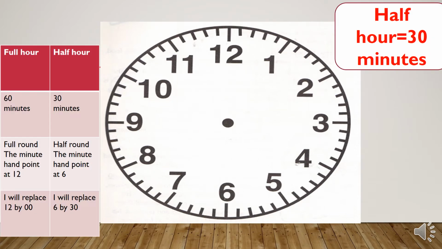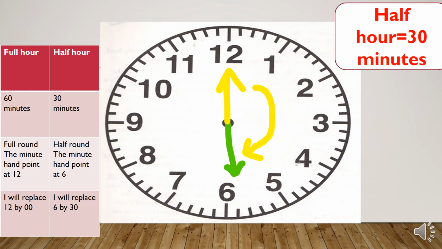So now, what do I mean by half hour? I mean by half hour, if I start at 12, I will not complete the full round till I reach 12 again. No, it means that I will stop in the middle of the distance before I reach the full round.